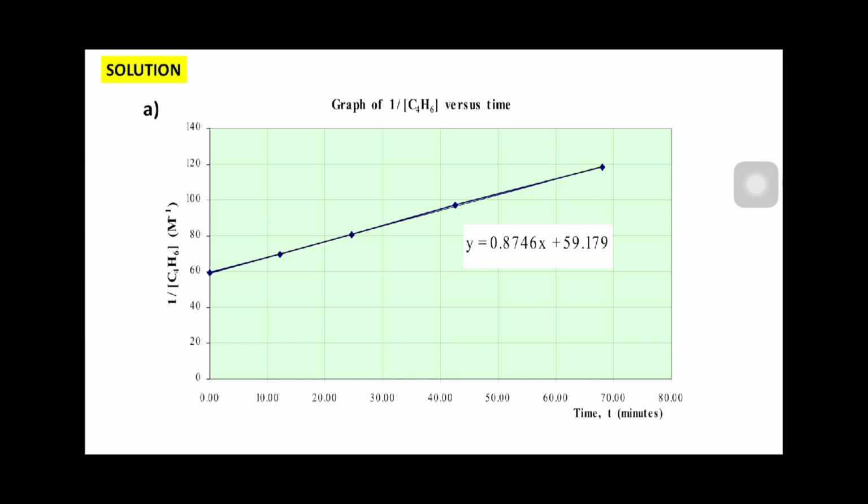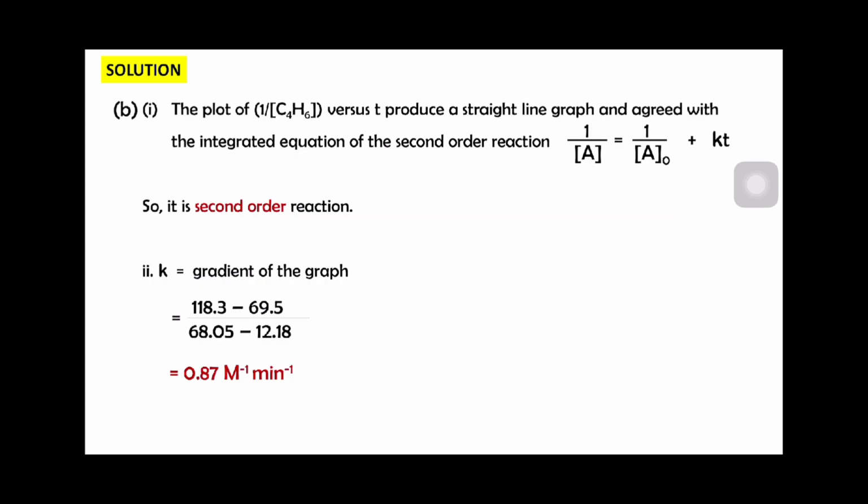So, when we plot a graph of 1/concentration versus time, we get a straight line graph with a positive slope that has a y-intercept. So now, can you guess what is the order of the reaction? Yes, it is a second order reaction.